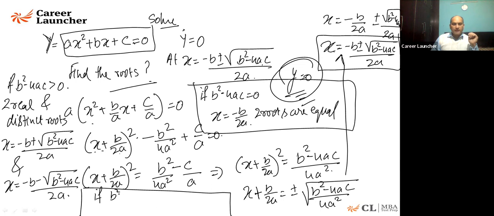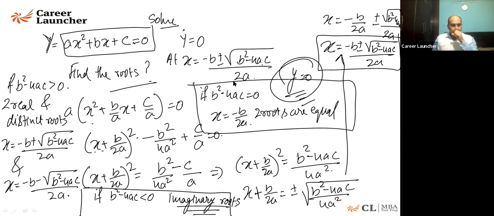If b square minus 4ac is less than 0, I'll get imaginary roots. No real root will come there because inside the root you are getting a negative term. Is it fine? Please ask if there is a query. This is a very important part. I have given you the proof so that you understand why I'm saying directly that there will be two real and distinct roots, and why the two roots are there but they are the same, because b square minus 4ac is equal to 0.